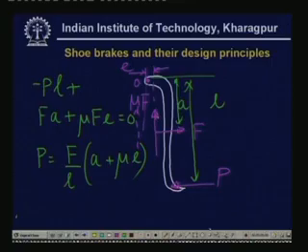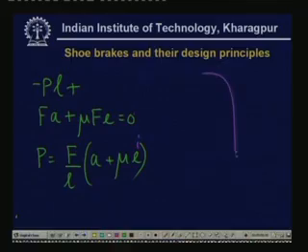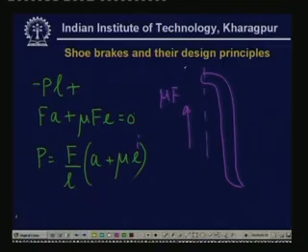Let me draw it in a different figure. What is expected is that this friction force is acting over here, mu F, this is the E and F and P over here.